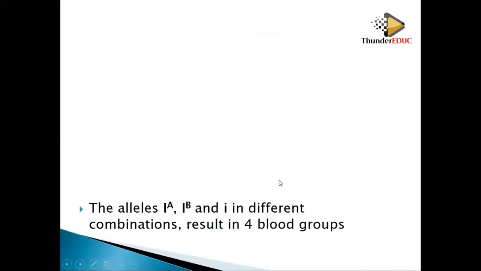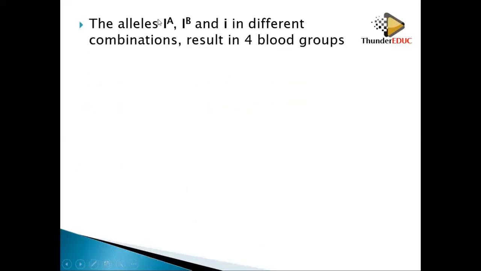So you have 3 alleles. The first one is A, the second one is B, and the third one is i, small i. These alleles must be written like that. Don't modify the writing. Don't shade it. Don't put an O. Some people, when they are writing, write I and then put a small o on the top.